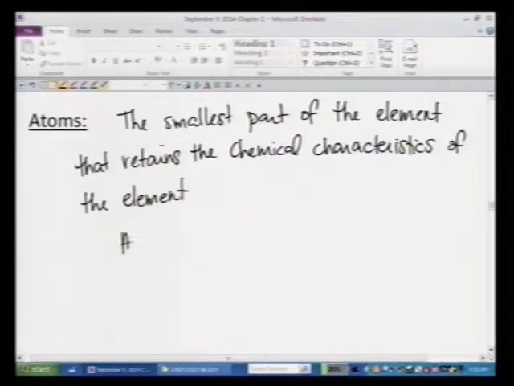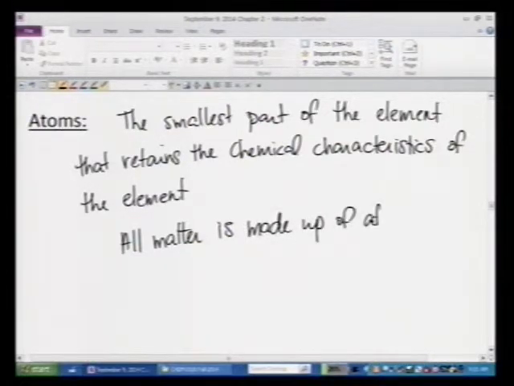Okay. All matter is made up of atoms. Okay, and that's sort of a review from last class.